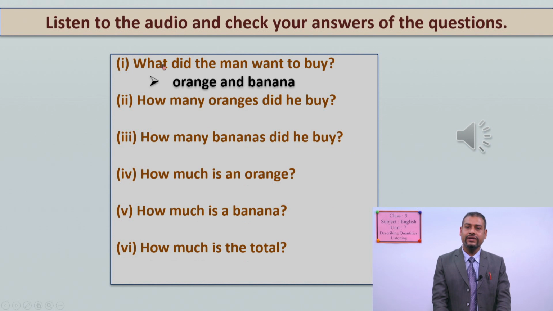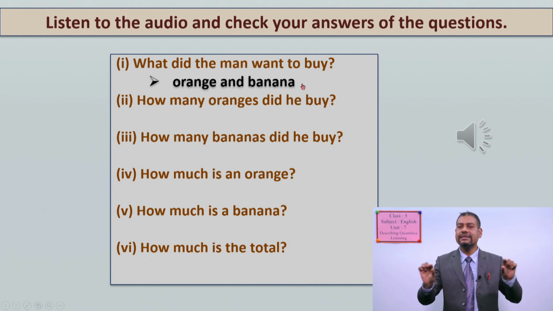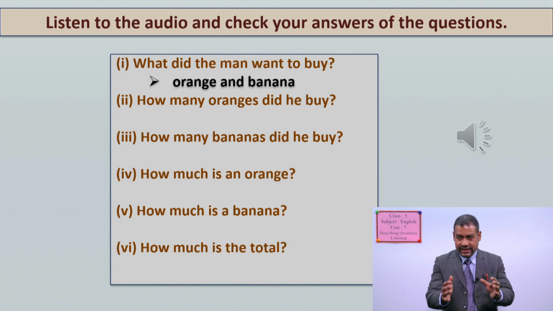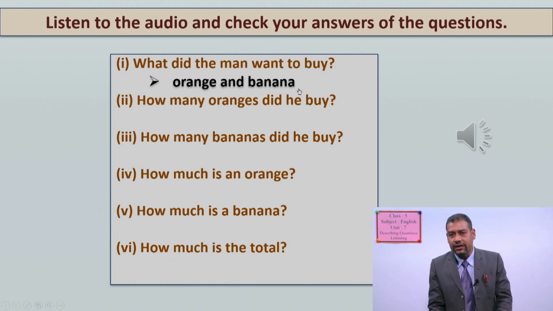You don't need to write a complete answer like this, the man wanted to buy orange and banana. You should not write in complete sentence. You have to just write down the main ideas, the main answer of the question, and answer is orange and banana. Is it clear to you, dear students?